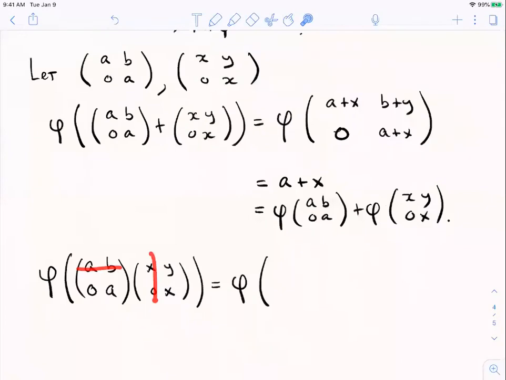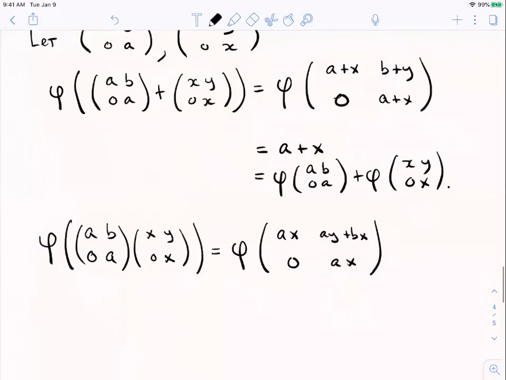So I'm going to get AX plus 0. The 1,1 entry is just AX. How about the first row dot the second column? We're going to get AY plus BX. Down in the lower corner, we're going to get 0 plus 0. And in the 2,2 position, we're going to get 0 plus AX.